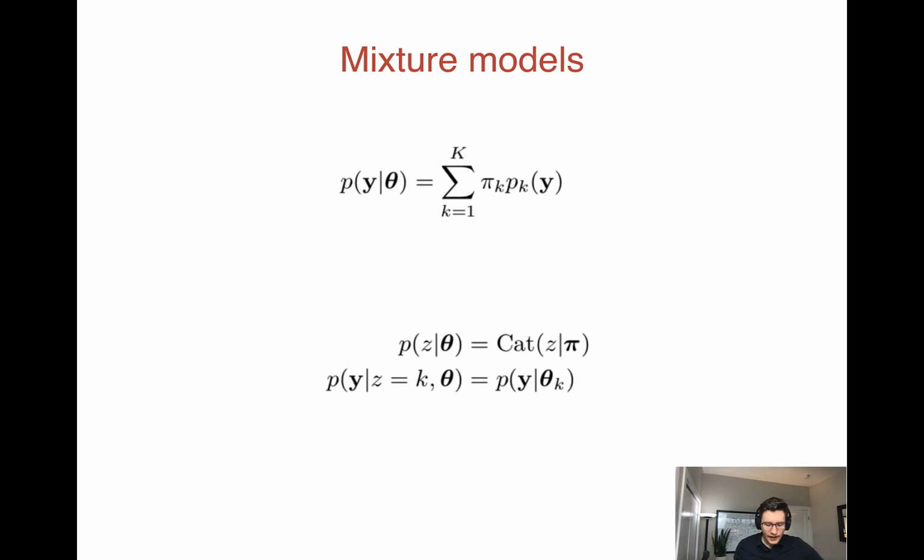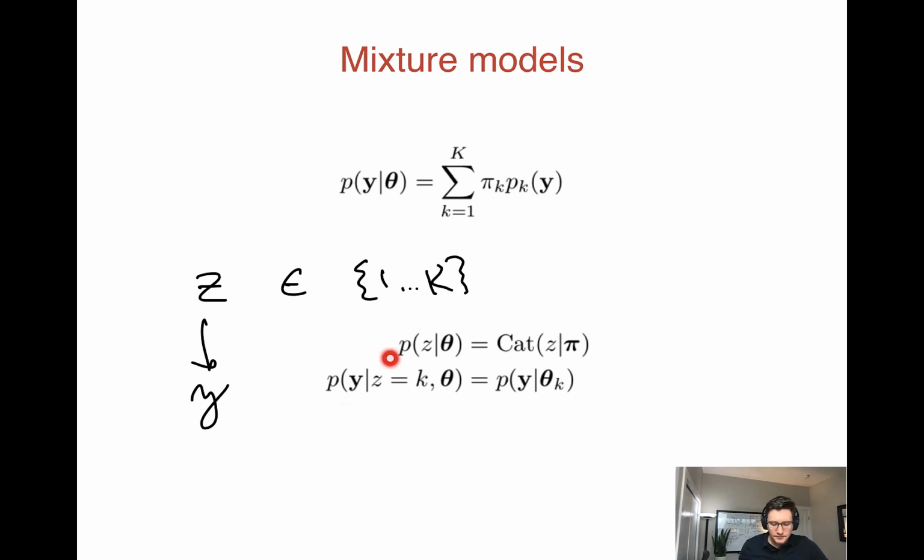An equivalent way of writing the same thing is that we imagine that we have some z that determines which cluster we're a part of, or which of the K models we're a part of. So this is a value in 1 to K. Let's write that: z is in 1 to K. And then that z determines the value of y according to this distribution here.